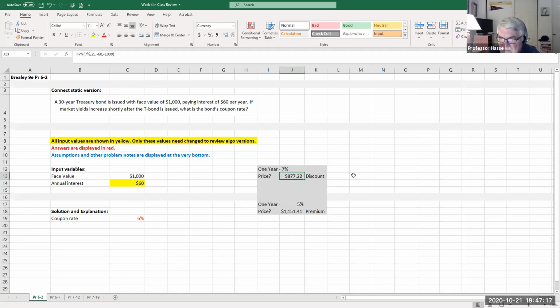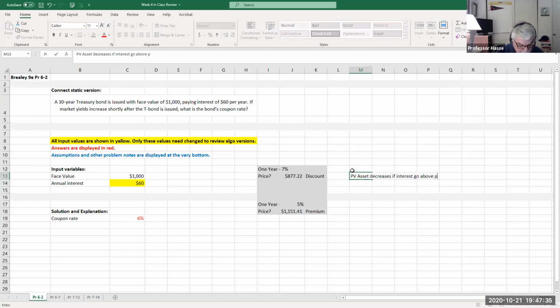But what's material about this is that the present value of an asset decreases if interest rates go above the payout rate. And the present value of an asset increases if interest rates go below the payout rate.